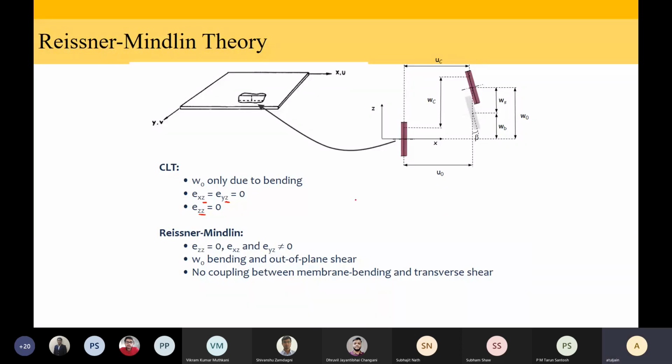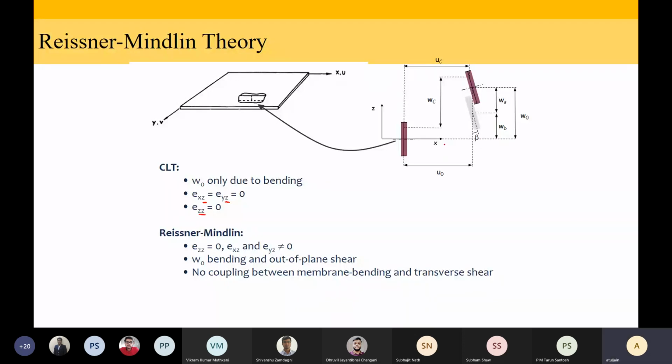Now, Reissner and Mindlin said that for a sandwich material, that is perhaps not true. We can say that epsilon ZZ is 0, but XZ and YZ need not be 0. So this W0, which was only due to bending in the classical lamination theory, according to the Reissner-Mindlin hypothesis is bending and out of plane shear.